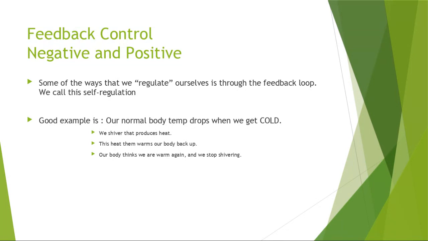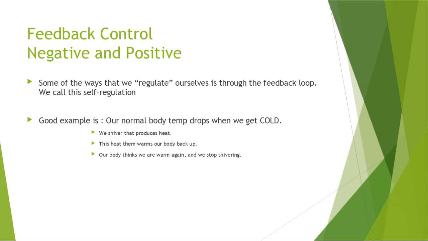We have feedback controls, which are negative and positive. Negative and positive feedbacks are influenced by what our normals are. A good example, and this is actually in your textbook as well, is when your normal body temperature drops, when you get cold and you start to shiver.